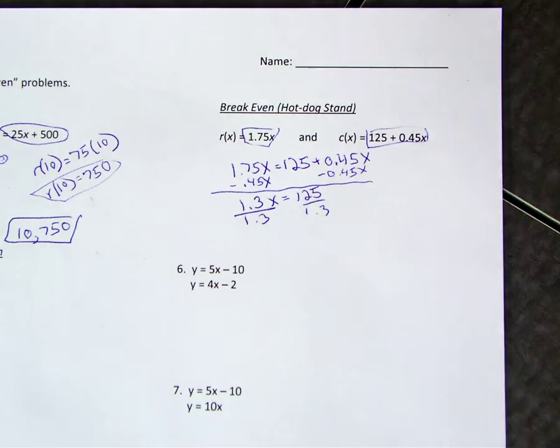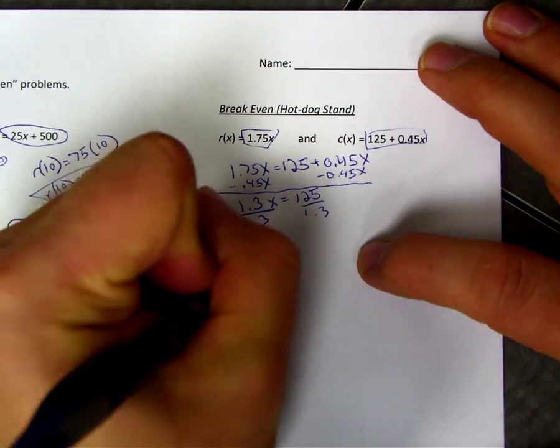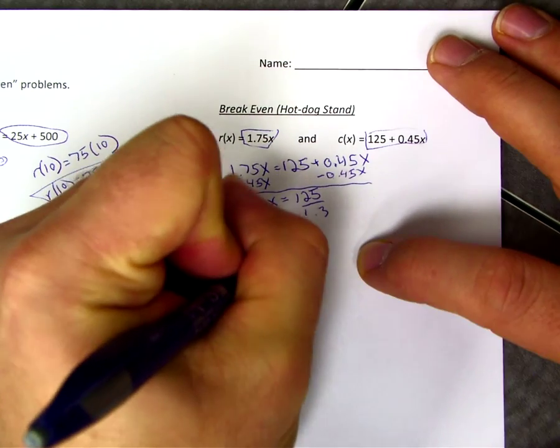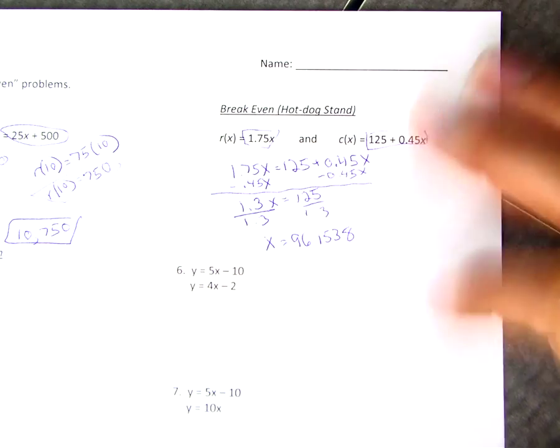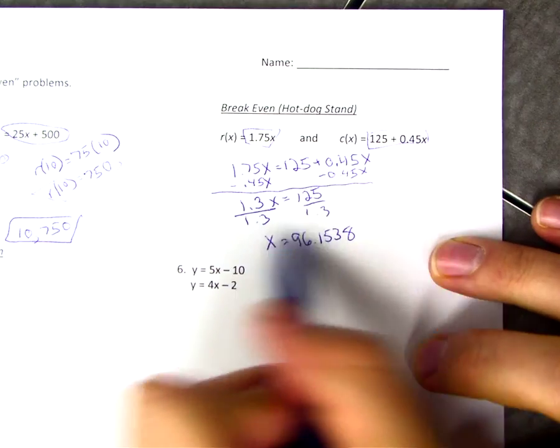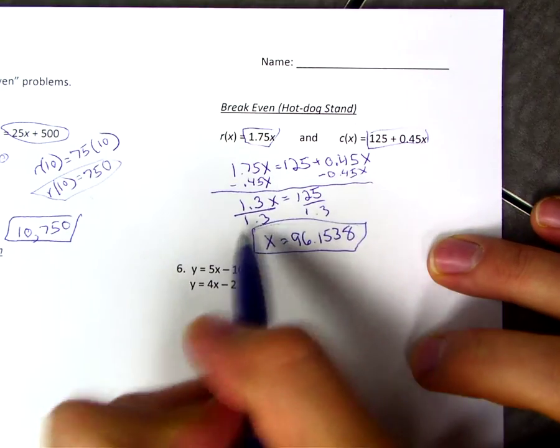and let me grab my calculator real quick. X is going to equal about 96.153. Now, this number doesn't work out real well for hot dogs, right?